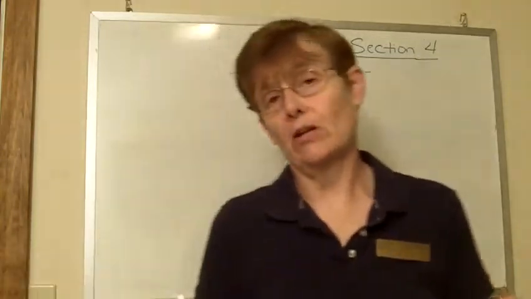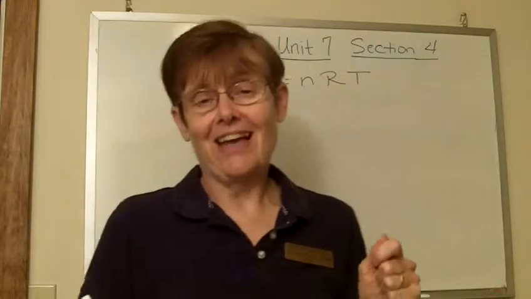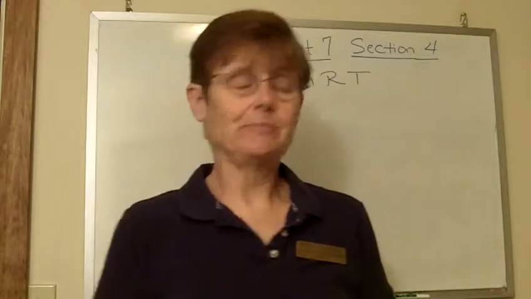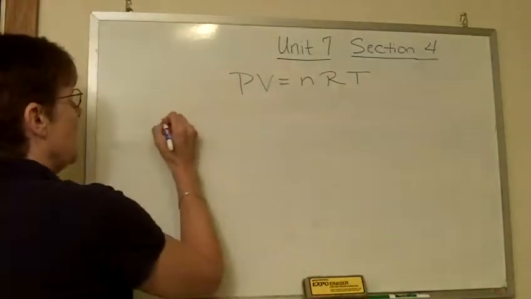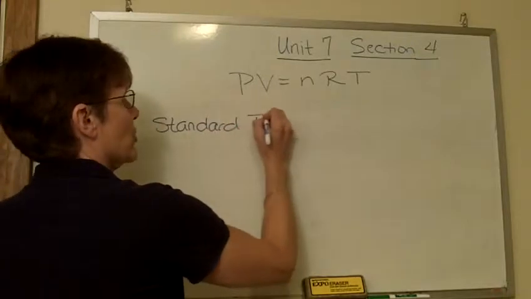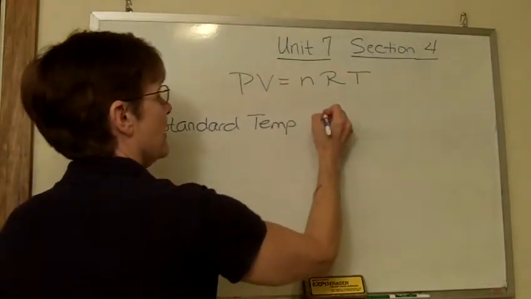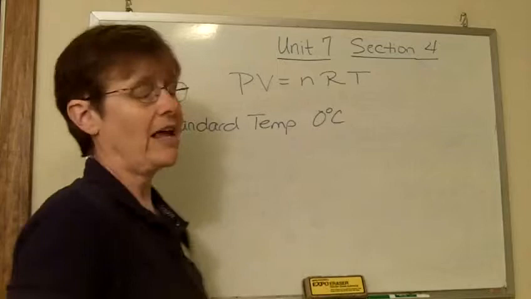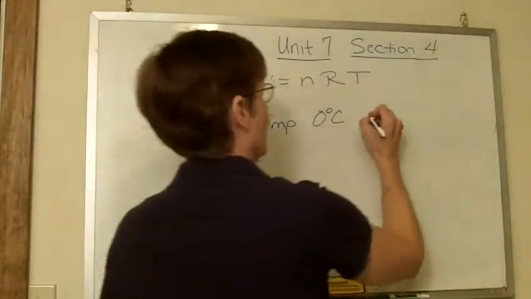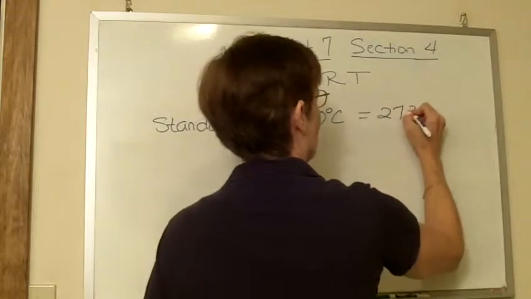So at some point along the way, somebody decided that they would define something called standard conditions. So standard temperature was defined as 0 degrees C. And now we know that when we're working with gas laws, we have to use Kelvin. So that is 273 kelvins.